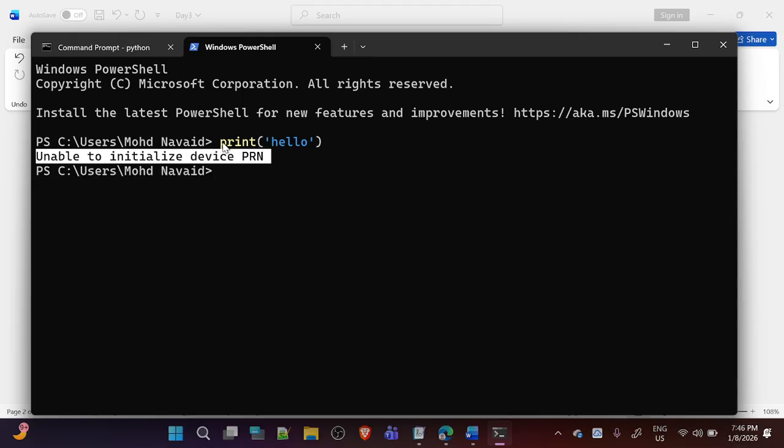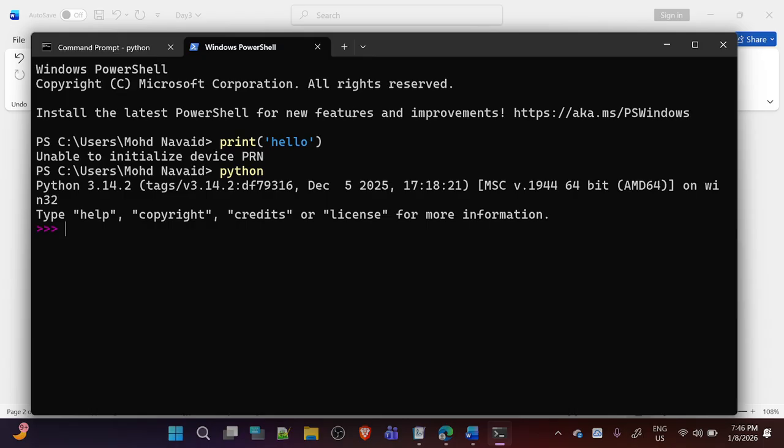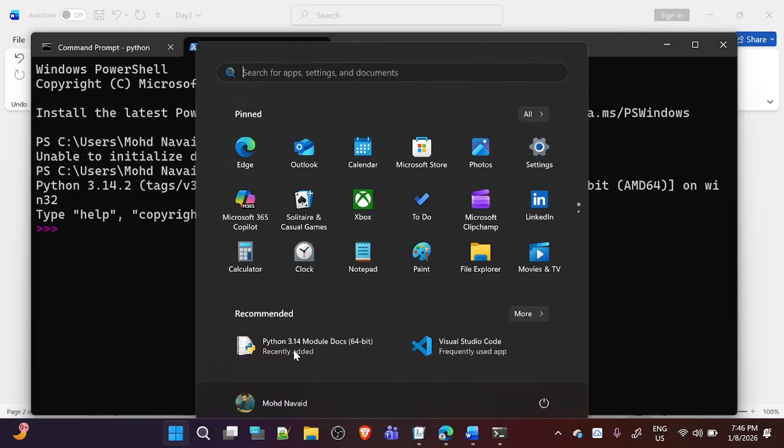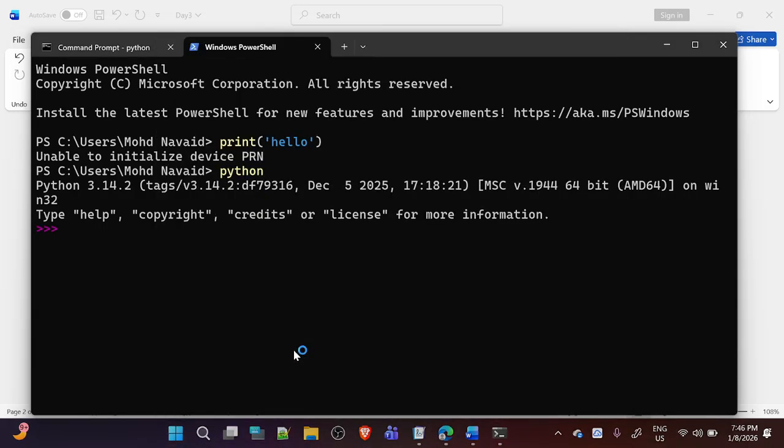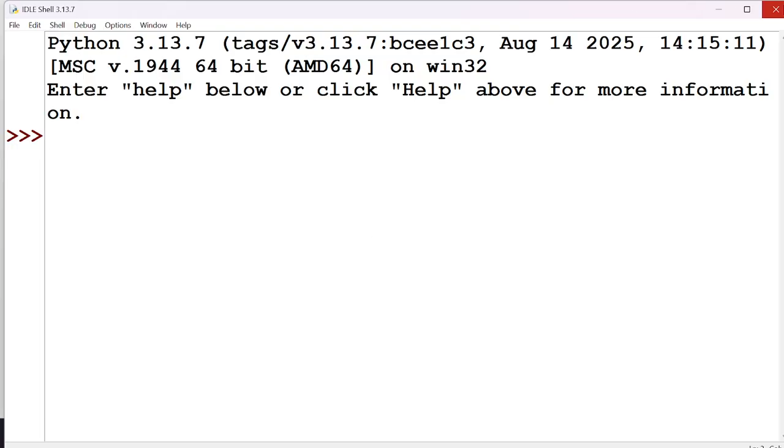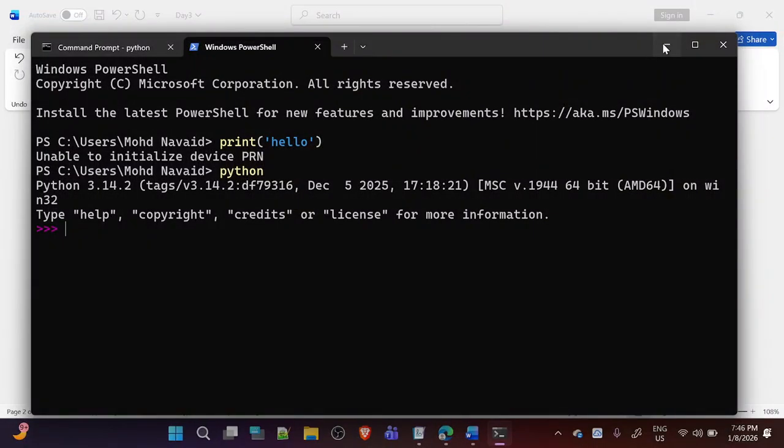So in order to execute Python code, you need the Python environment or Python shell. To get the Python shell, you can type python, or otherwise you can open IDLE and type the Python code.